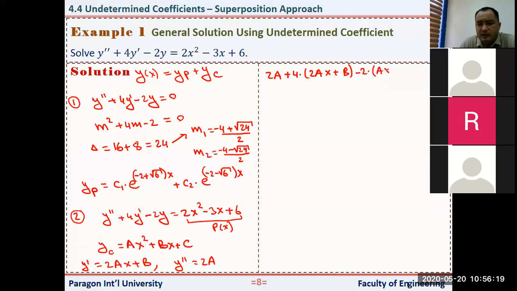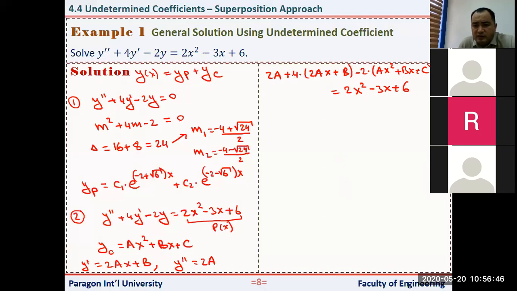That is Ax² + Bx + C. And on the right hand side, we have this function 2x² - 3x + 6. And it's just an identity, right? Identity means for every value of x, left hand side is equal to right hand side. So I need to determine these letters now.